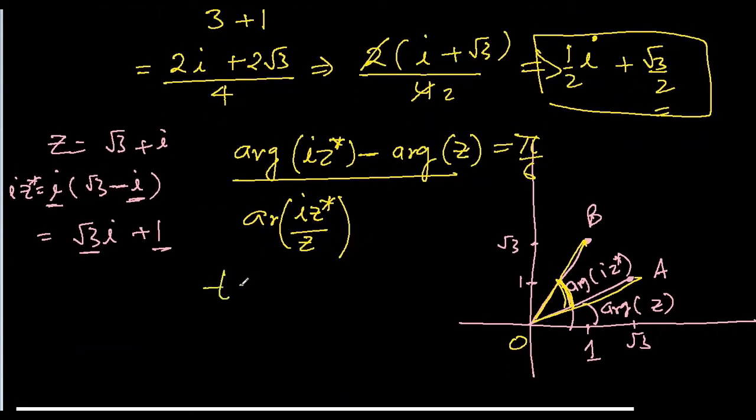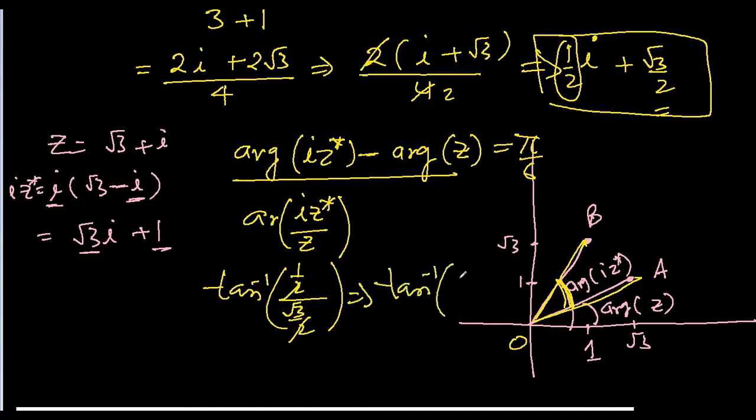It will be tan inverse of the imaginary coefficient, which is half, divided by the coefficient of the real part, square root 3 over 2. 2 and 2 cancel. It comes out to be tan inverse 1 over square root 3. And tan inverse 1 over square root 3 is 1 over 6 pi. Proven.